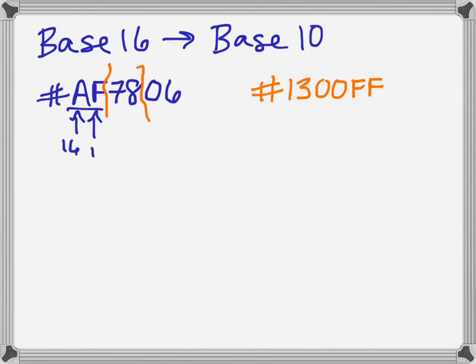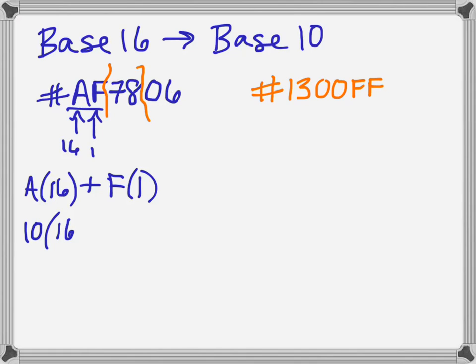So we would have A groups of 16 and F groups of 1. A stands for 10, so this is 10 groups of 16, and F is 15, so we've got 15 groups of 1. So this is 160 plus 15, or 175.